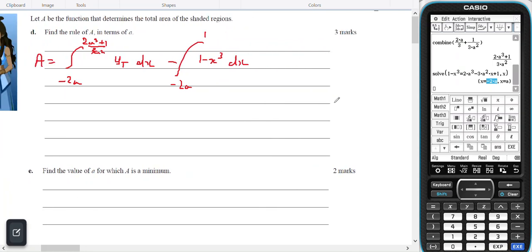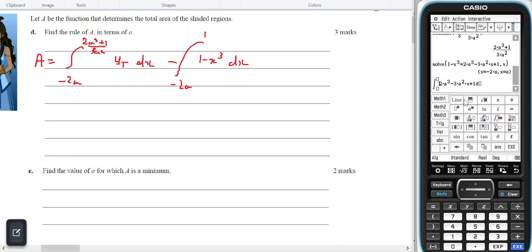So let's do this on the calculator. Here is my tangent line. If I can pick it all up, I can. And I'm going to integrate it. My bottom value will be minus 2a. My top terminal will be the x-intercept.